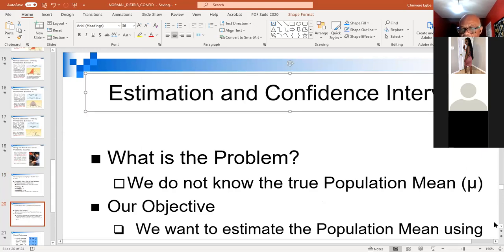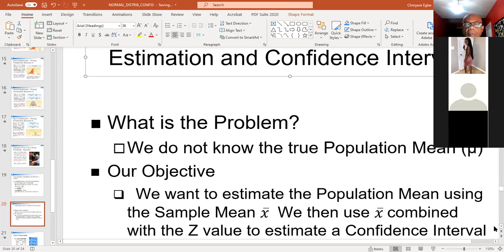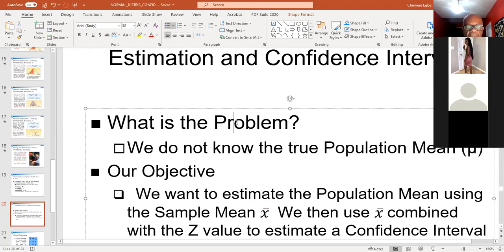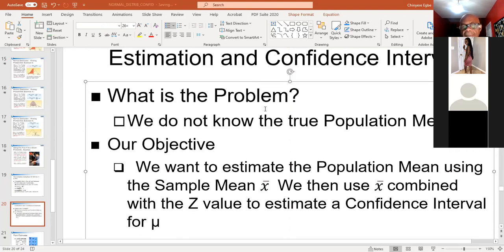I just wanted to review it so that you can see where we are coming from and the instrument we're going to be using. We use the normal distribution at our level of statistical analysis to do confidence interval estimates. So what is our problem here?